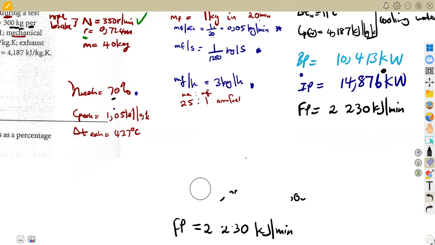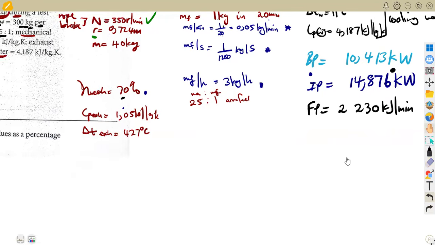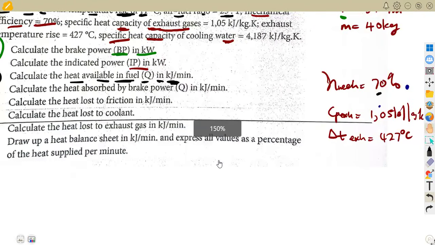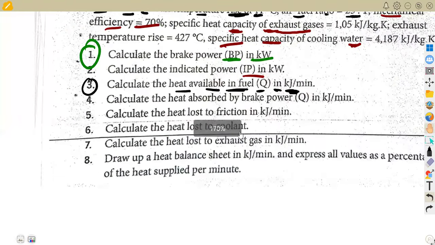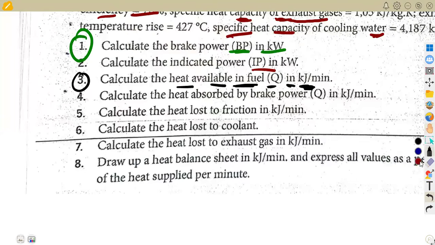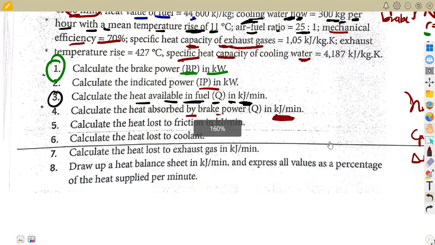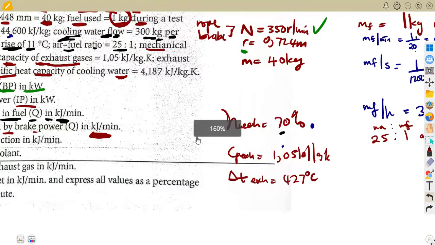All right, let's move on. Another question, question 4. Calculate the heat absorbed by the brake power. Again, take note of the units there. Guys, you must be careful. Are we not having the brake power?